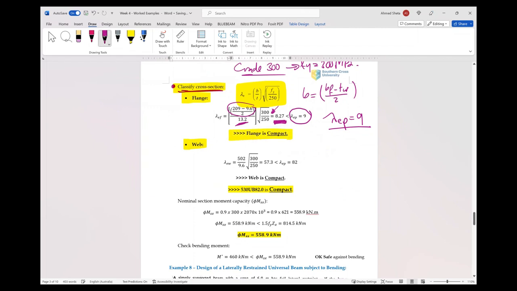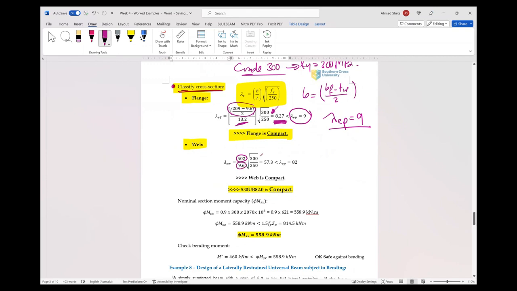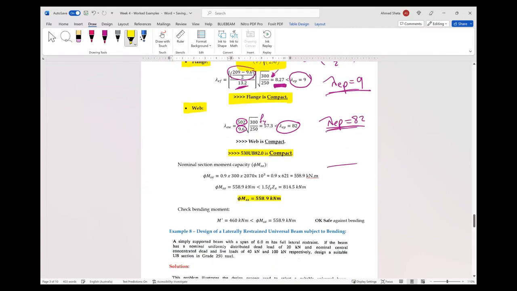For the web, we do the same, D web over T web times root F yield over 250. We get 57.3, which is less than lambda E plastic for the web, 82. So we have 9 and 82. This means that the web is compact.